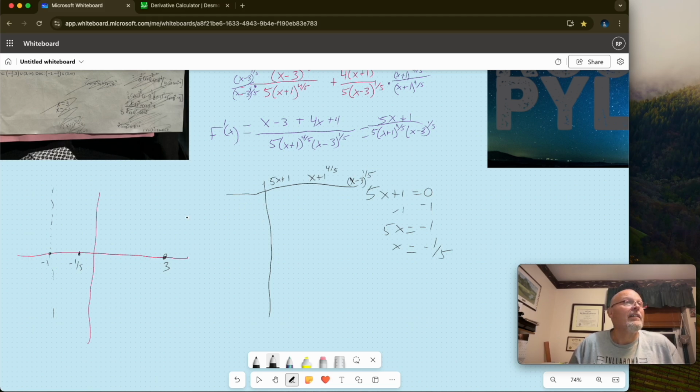So at x less than negative 1, way out here, let's think about x equals negative 10. This is going to be a negative. This, x plus 1, will be a negative, but because I'm taking it to an even power, the 4th power, it's always going to be positive. And then this will also be negative. So the two negatives will cancel, and I will have a positive number.